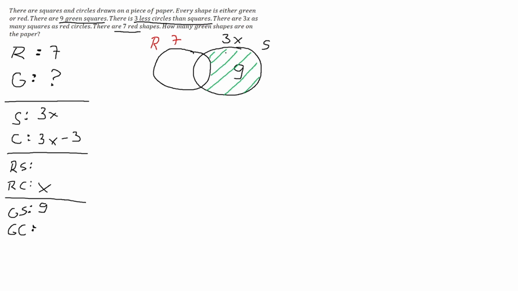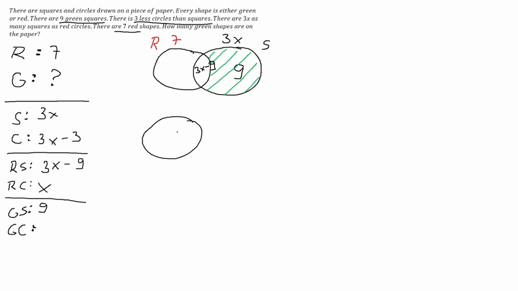So naturally, if there are 3x squares and there are 9 green squares, then the red squares will be 3x minus 9. Sorry, not the green squares, the red squares. So that'll be 3x minus 9. So that's our first combination.